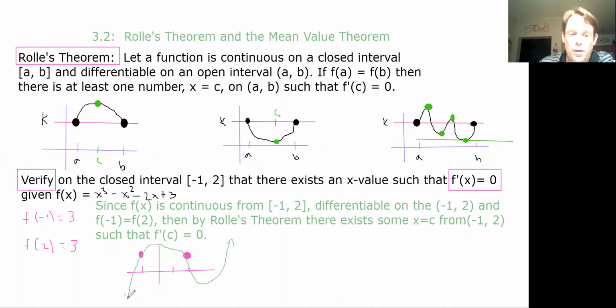Because these two y values are the same, we could speculate that there would have to be potentially a relative max that's going to bring our curve down to the other point. We don't know what it is. We just know that it exists. If we wanted to find what that value is, we could.